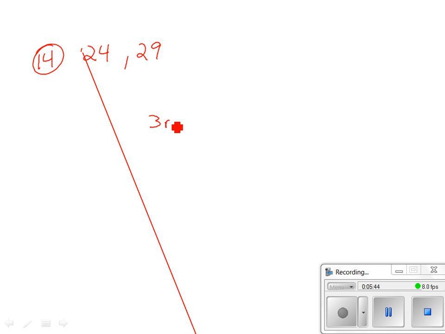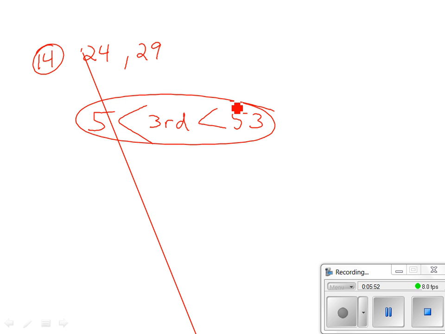The third side's got to be between what and what? 5 and 53. Same thing we were just doing a second ago, right? How do you find the small side again? Subtract the two. Large side, add the two. So that's number 14 on the very front. Should write it in.